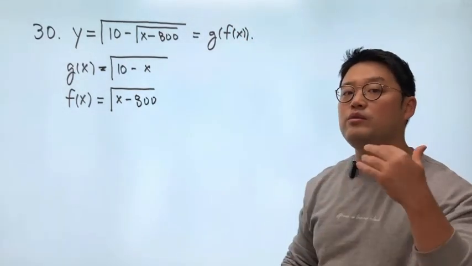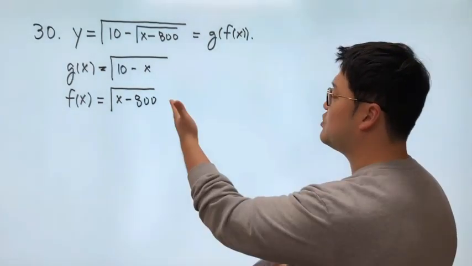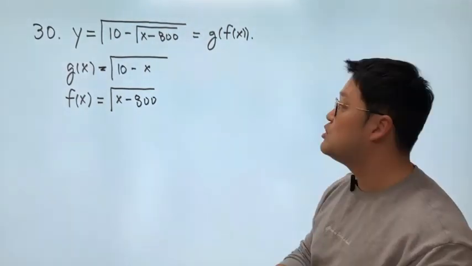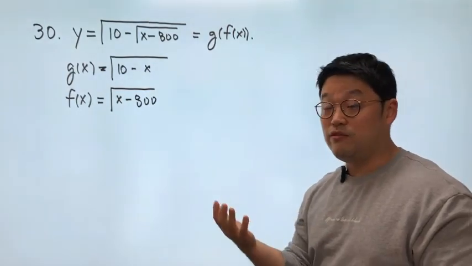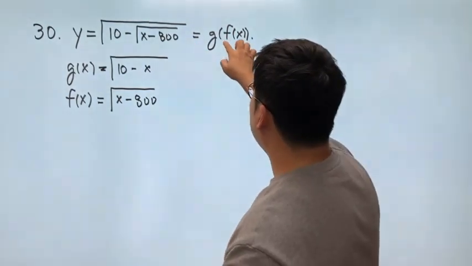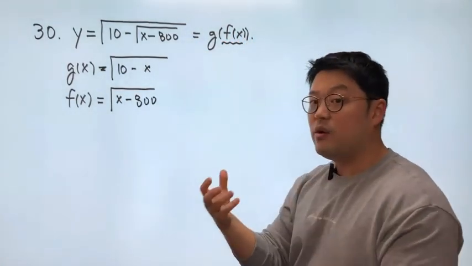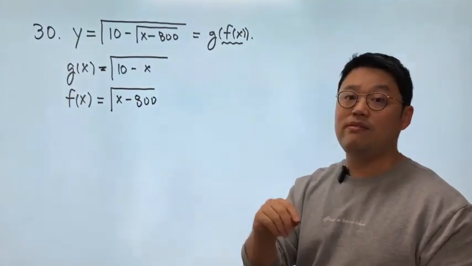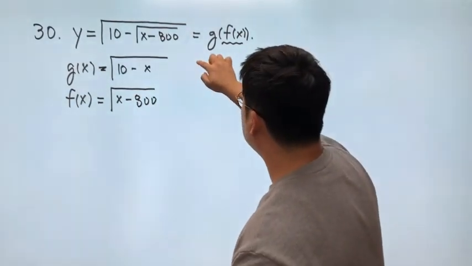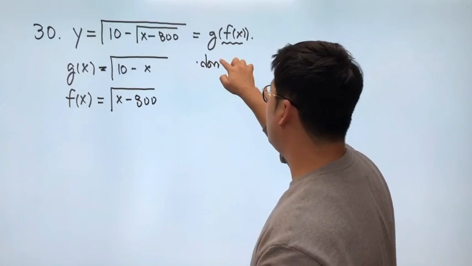So how do we solve the domain of a composition of functions? Well, first, in order to find the domain, we have to look at the inside domain. So it has to be defined for f of x. So we have to first think about the domain of f of x.